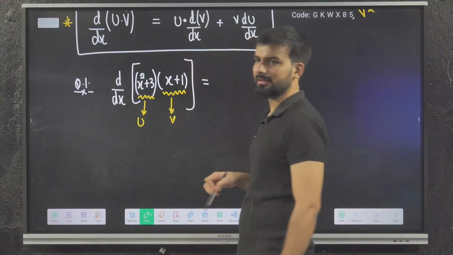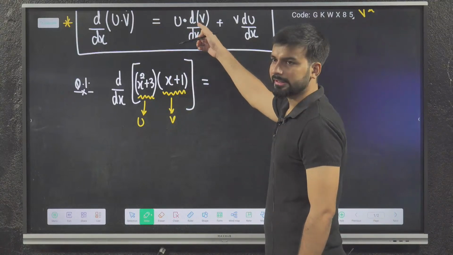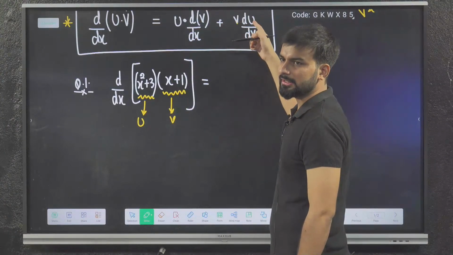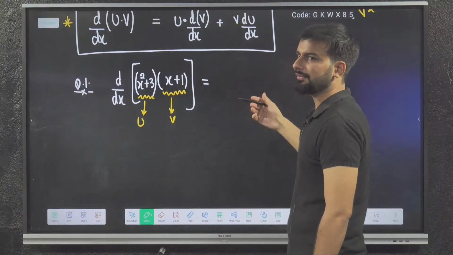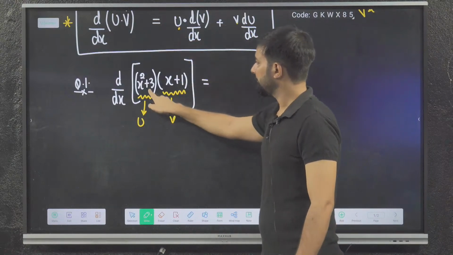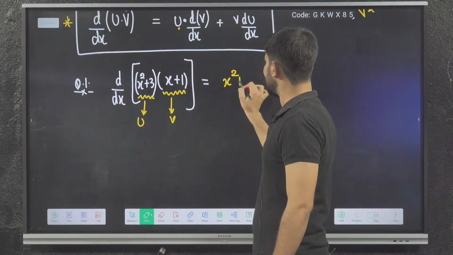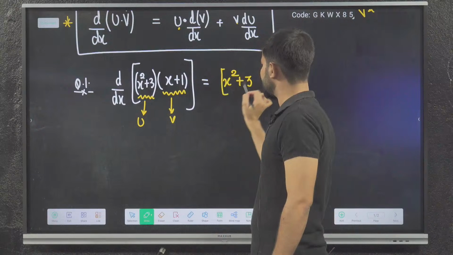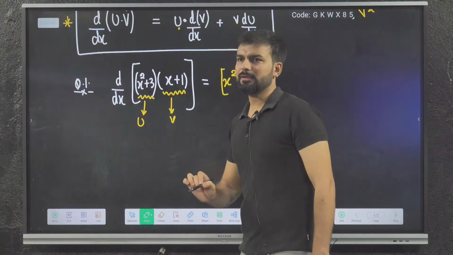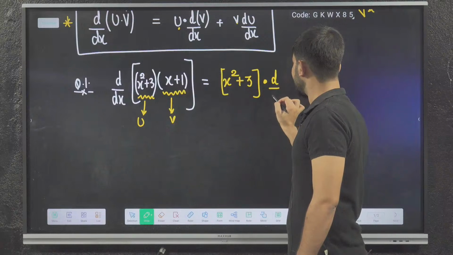So what was the formula? u dv by dx plus v du by dx, or the way of pronouncing it, first function as it is into differentiation of second function plus second function as it is into differentiation of first function. What is my first function? x square plus 3, into differentiation of second function.